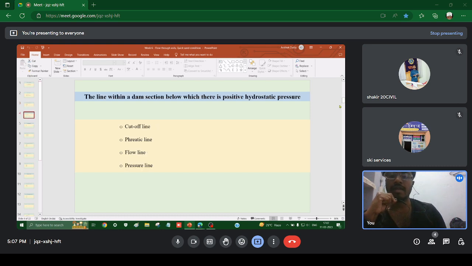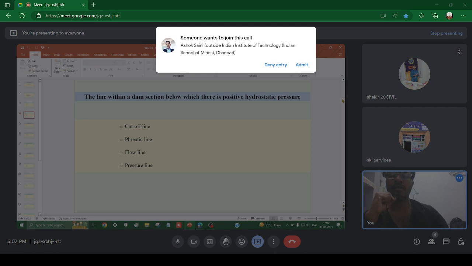The line within a dam section below which there is positive hydrostatic pressure. The options are: cutoff line, phreatic line, flow line, or pressure line.